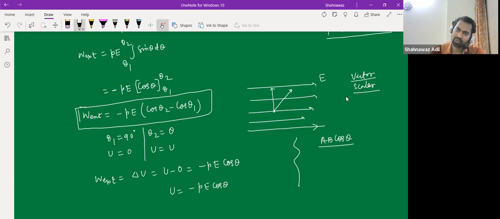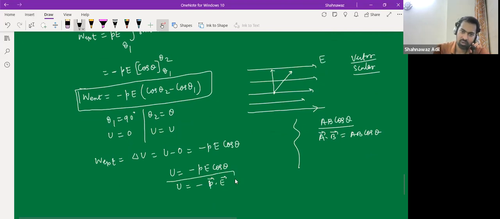What product gives you cos theta? Scalar product, right? So A dot B gives you AB cos theta. So we have PE cos theta, which means minus of P dot E. This is the potential energy. Okay. So you see that torque is P cross E, and potential energy is minus P dot E.